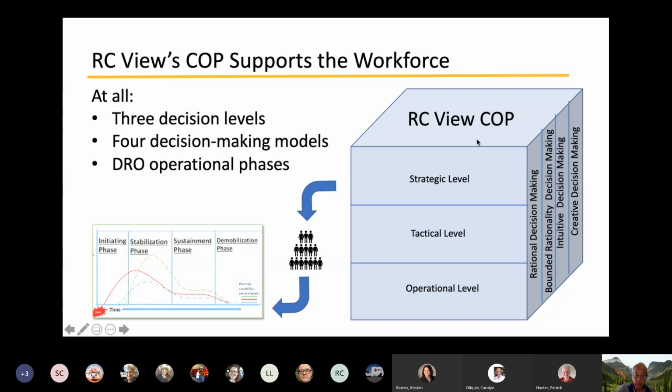The common operating picture supports these three levels, but also cuts across these four decision support models as well. It is used by the staff, that's you folks. This is the workforce, who can then utilize this common operating picture through all phases of the DRO, from the initial phase all the way to demobilization.